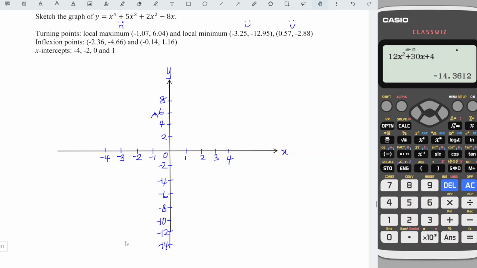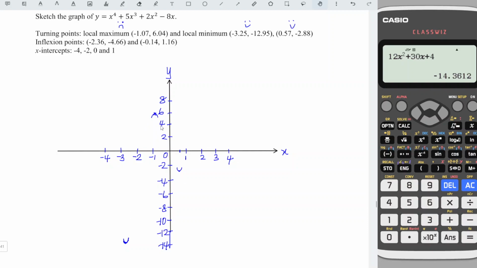So we take -13, roughly here, and we make a smiley face at this point. Okay, then next 0.57. So we take 0.6 roughly here, and -2.88. We are going to take roughly -3, roughly here, and this is a smiley face as well.